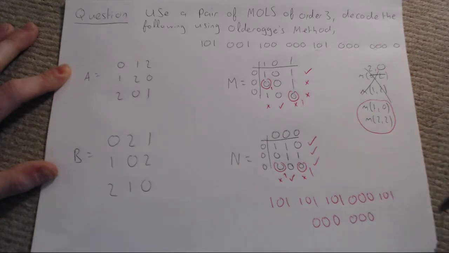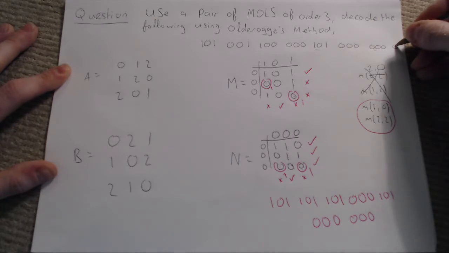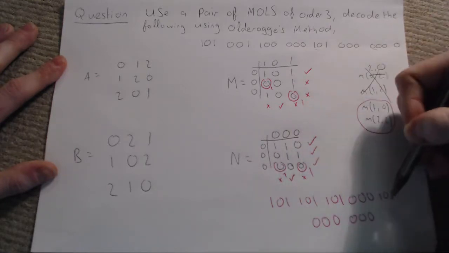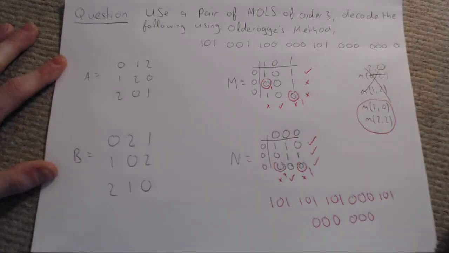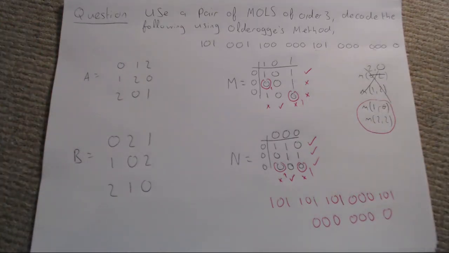Now, just to make sure this is correct, the overall parity of the code word should be even. And I've got 1, 2, 3, 4, 5, 6, 7, 8 ones, which is definitely even, so that 0 on the end is correct. And therefore there were only 2 errors, which means this is my received code word. And yeah, I'm done.